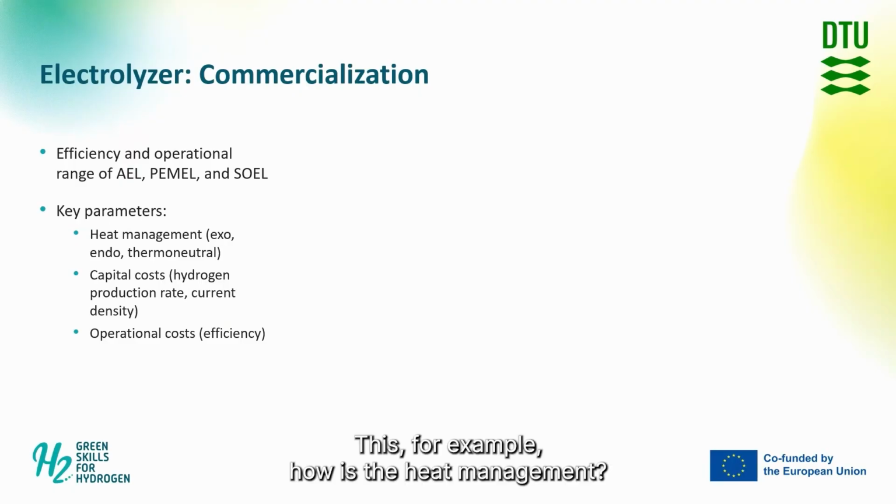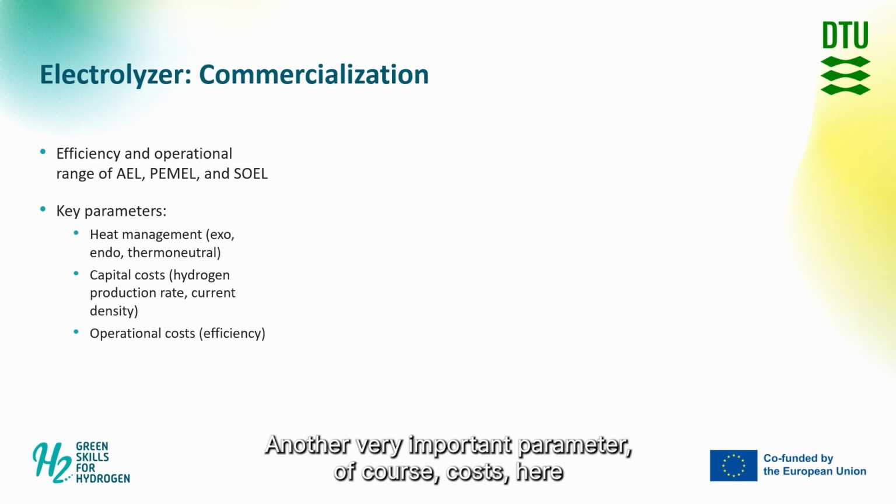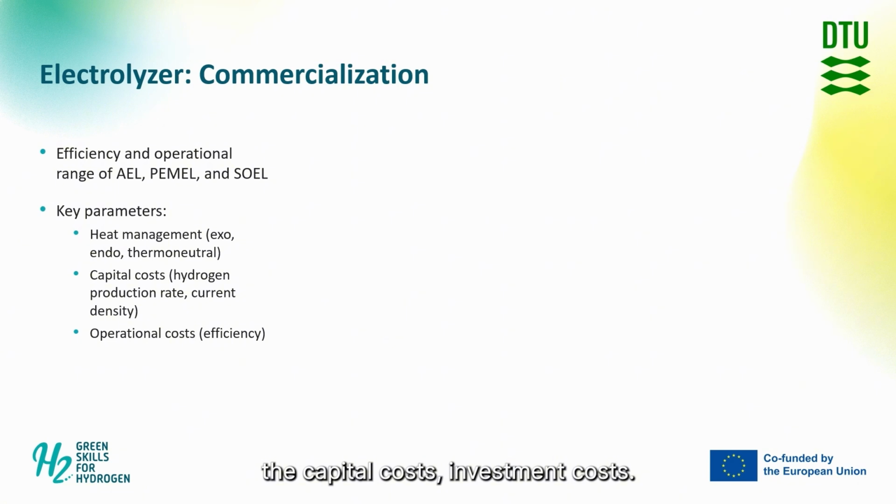That is, for example, how is the heat management? Am I working in a regime where I have to supply heat or to cool? Another very important parameter are, of course, costs. Here the capital costs, investment costs, how big do I have to make my system?